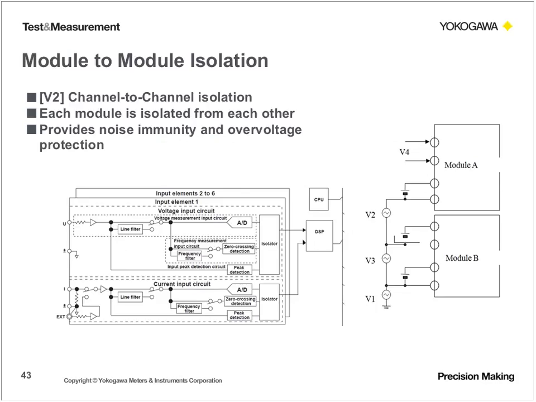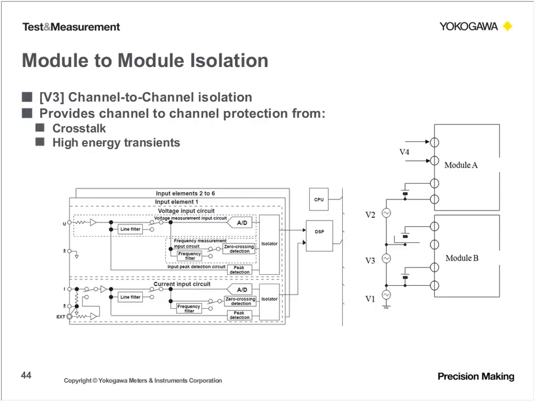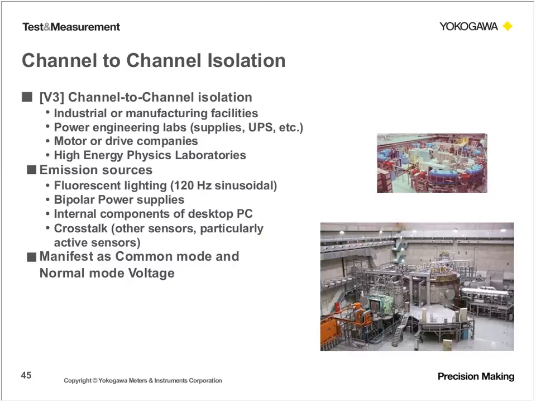This prevents any crosstalk noise if you're dealing with temperature measurements where you have a scanning or multiplexing type module. A lot of the time you'll have some crosstalk noise, and the way to deal with that is to use a module that has channel-to-channel or module-to-module isolation. So again, channel-to-channel will prevent you from having those types of issues.